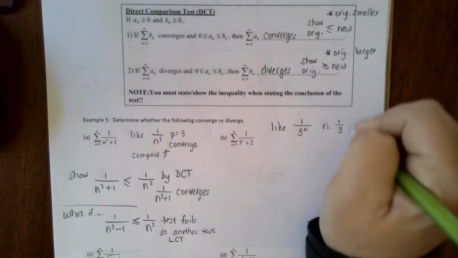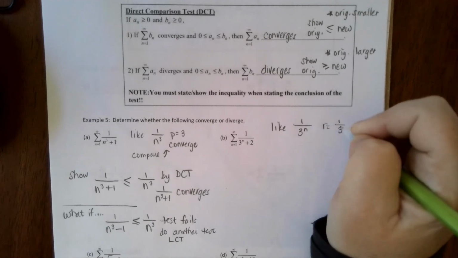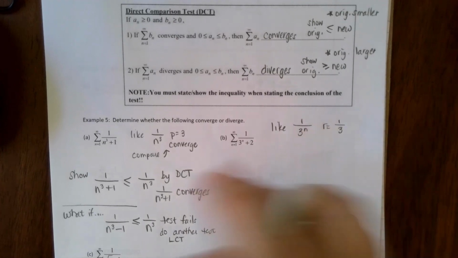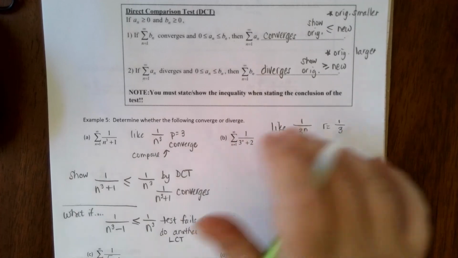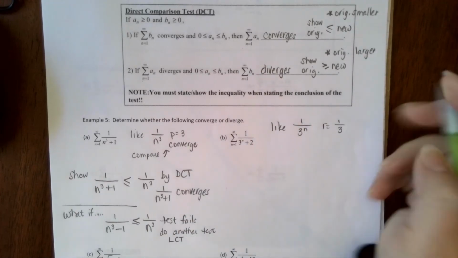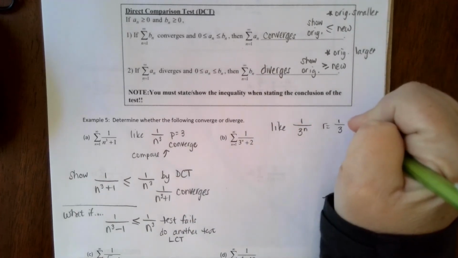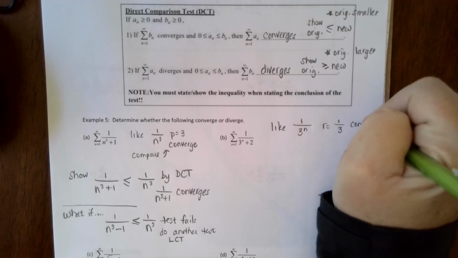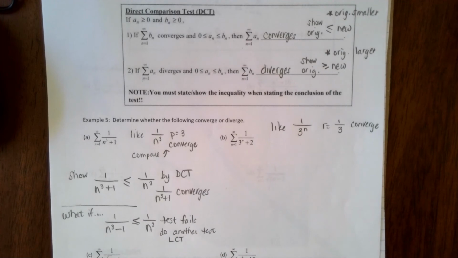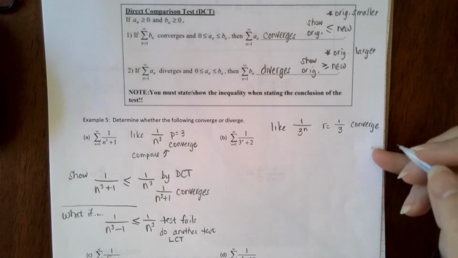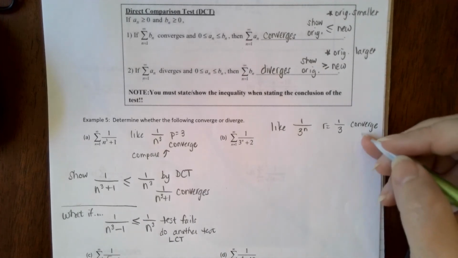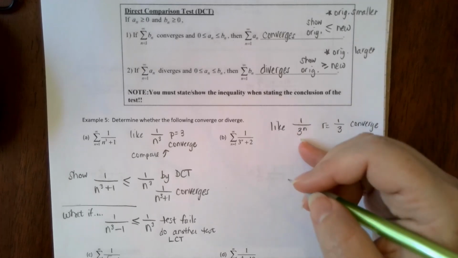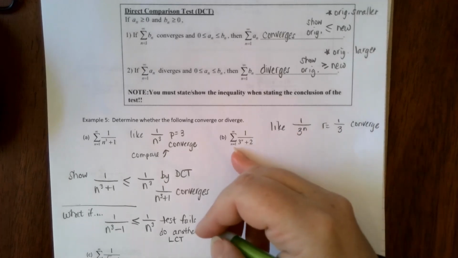Now, if your r is 1/3, look at that little sheet that tells you all the different things about whether p is bigger or smaller and r is bigger or smaller. If your r is smaller than 1, that means that it is going to converge. So if your r is smaller, it's converging. Okay, so we're thinking that this thing converges because of this function right here. Now that we've added 2 to it.